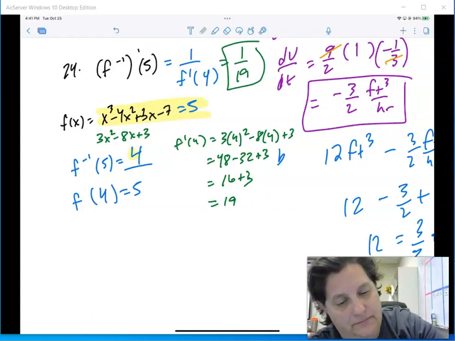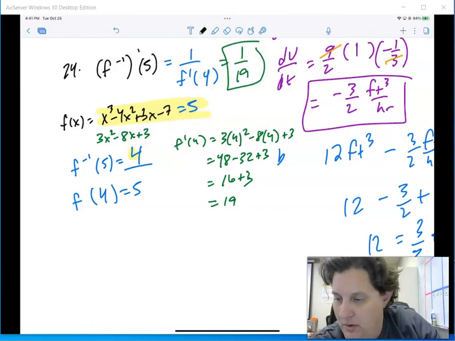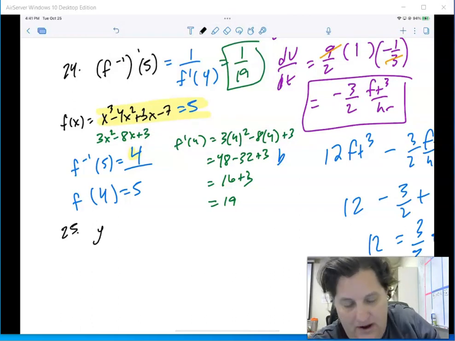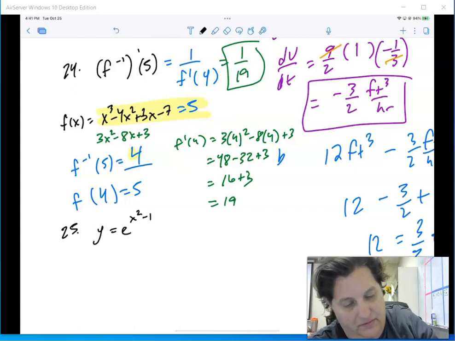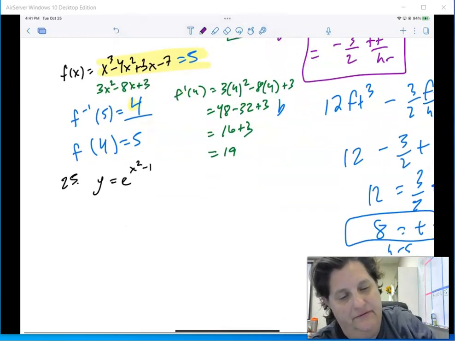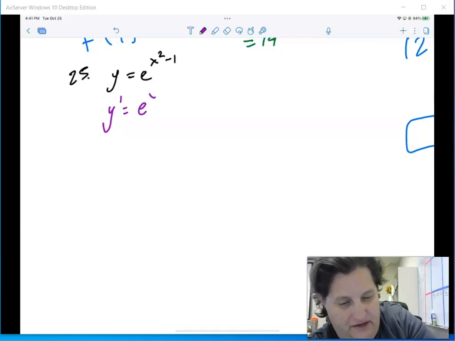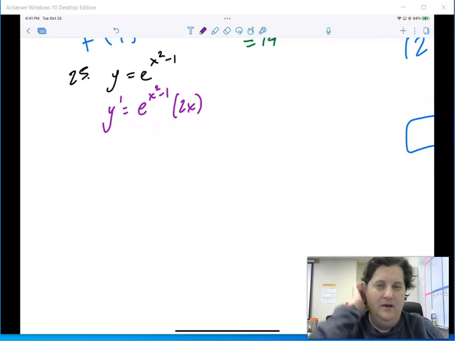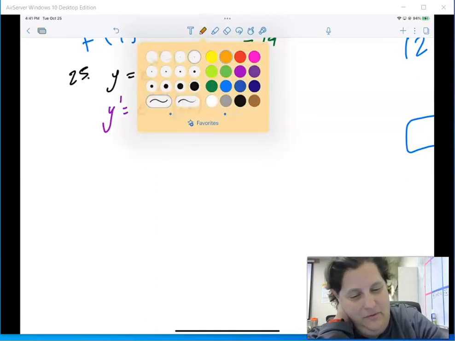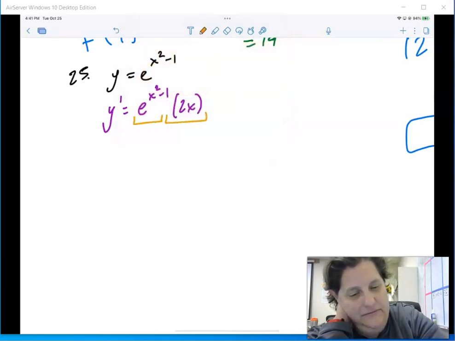Cool. All right, let's do a couple more. y is e to the x squared minus 1. If I want to take a double derivative of this, my first derivative is e to the x squared minus 1 times 2x. Okay? My second derivative, I now have to go to a product rule, right?